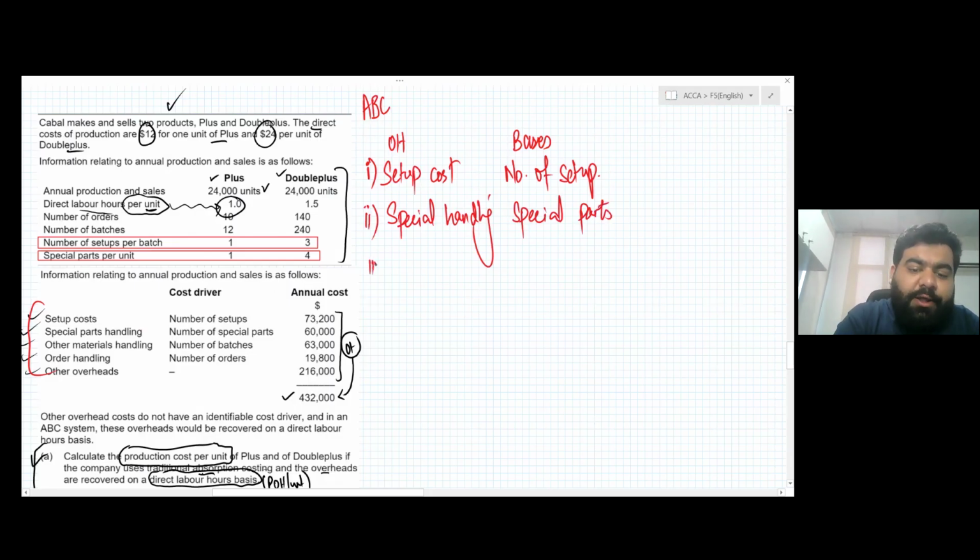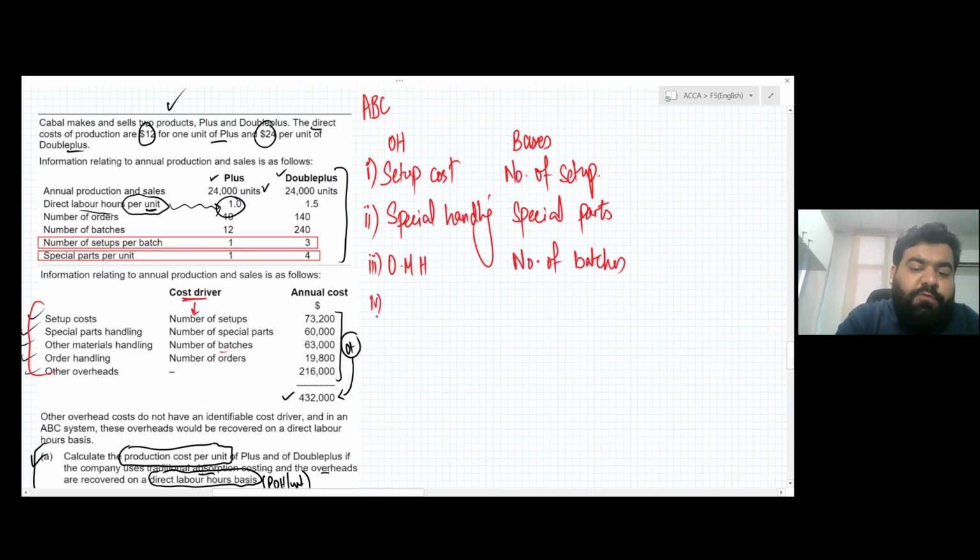Third overhead is other material handling, OMH. They have given us the basis. Okay, let's write that it's the number of batches. They have given us the base, the number of batches.